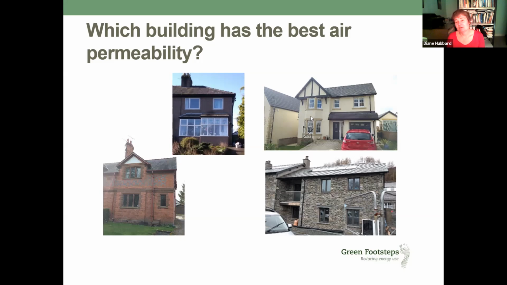This building on the top right, this detached 4-bedroom new build, is actually the best airtightness there, but it's 4.9 air permeability. So it's not massively better than this cottage. This house was built last year, and the cottage was built more than 100 years ago and has had 100 years' worth of wear and tear, and it's only just a bit leakier than this new build house.